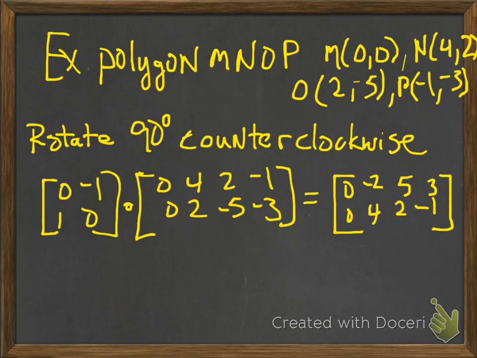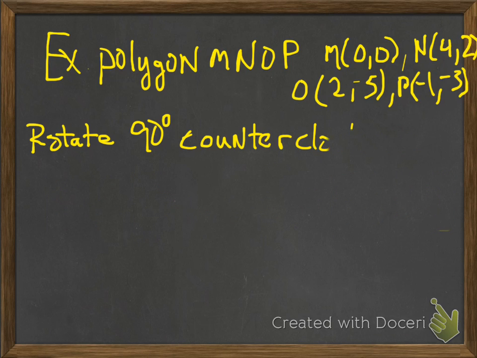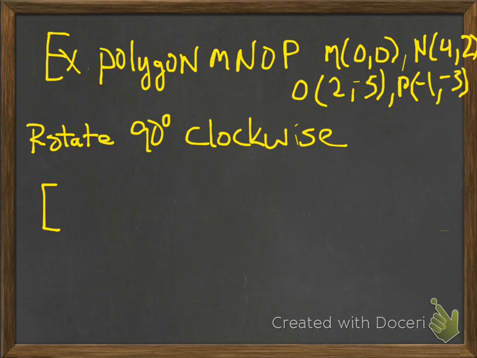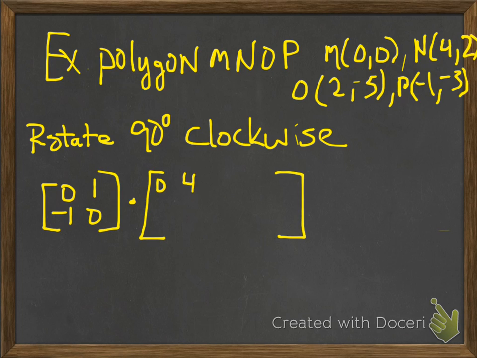This is rotation. The reflection just changes the signs. No, but I'm saying the x and y's flip-flop. Notice here the x's and y's changed. 4, 2 became negative 2, 4. They switched. Now, I can also erase and redo this problem, say 90 degrees clockwise. And that would be 0, 1, negative 1, 0, times all that.